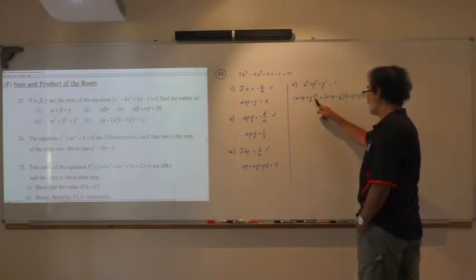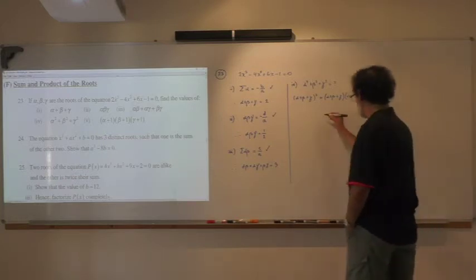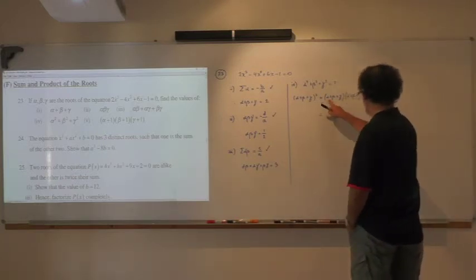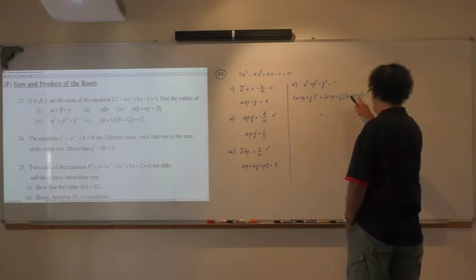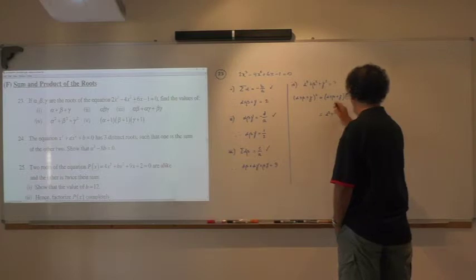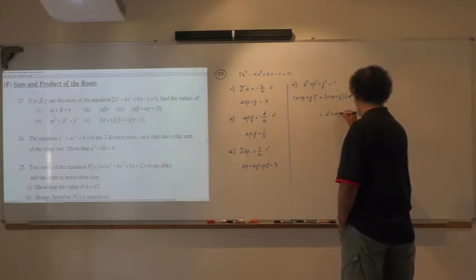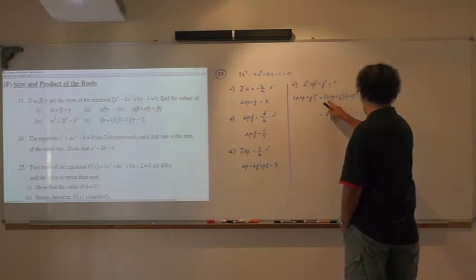That is why I choose that expression in particular. Now we're going to multiply. So if I multiply this by this, we're going to have alpha squared plus alpha beta, and then plus alpha gamma.